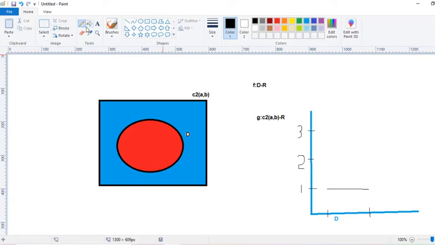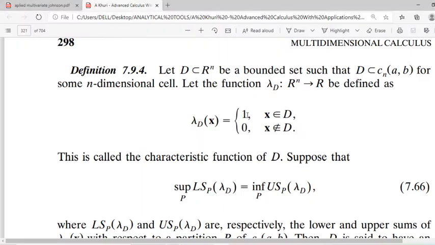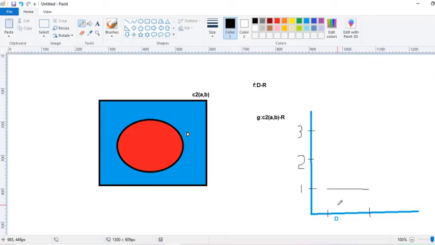So what is the integral value? The integral will be the area under the curve. So it is 1 for x belongs to D and it is 0 for x not belonging to D. In all other parts it is 0, so there is only the positive number 1.